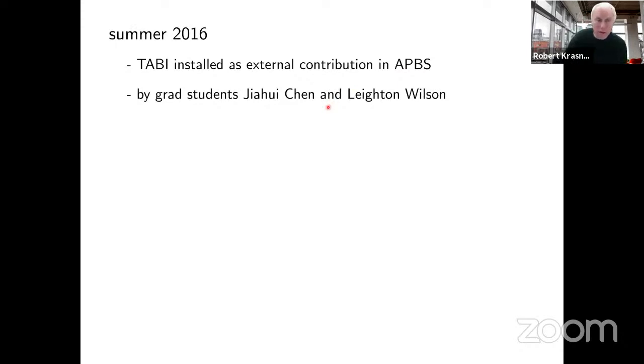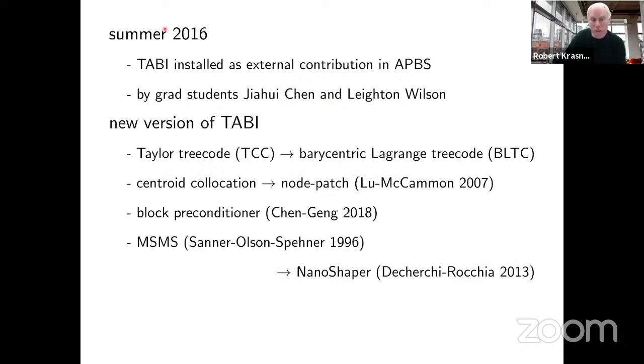Now, continuing along here, we've been developing a new version of TABI, and it has these features. We previously used a Taylor tree code. We switched now to barycentric Lagrange tree code. I'm going to tell you more about that. We switched from centroid collocation to a node patch discretization.